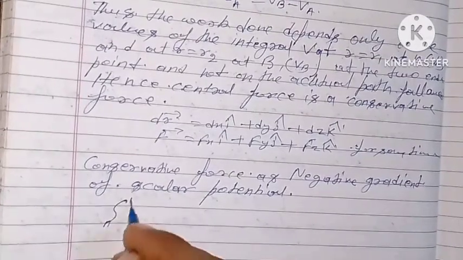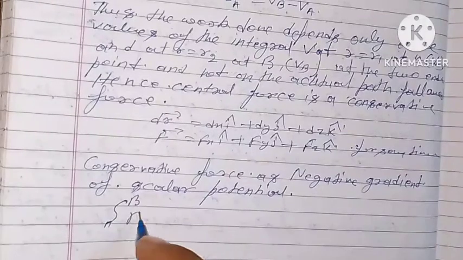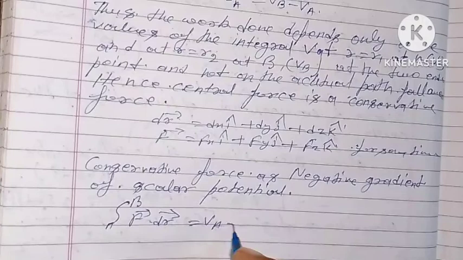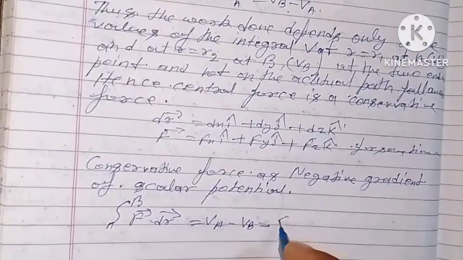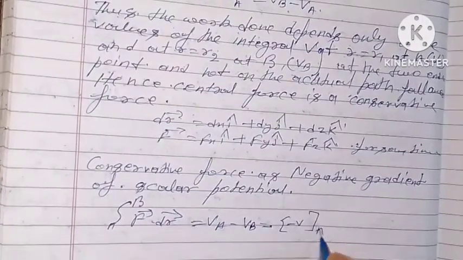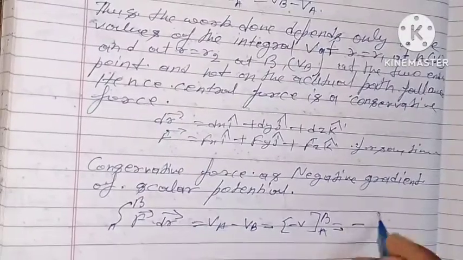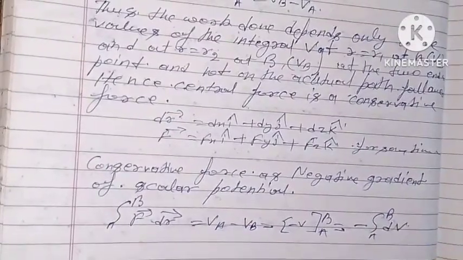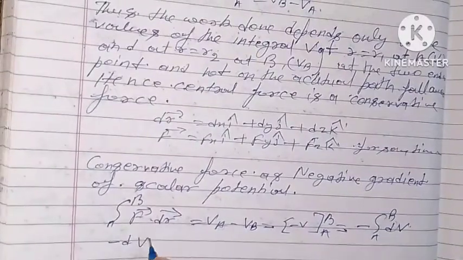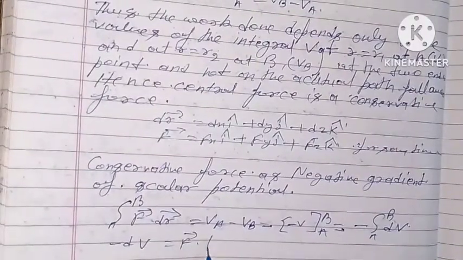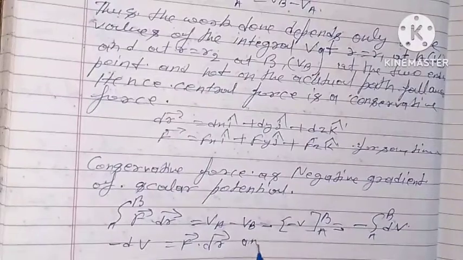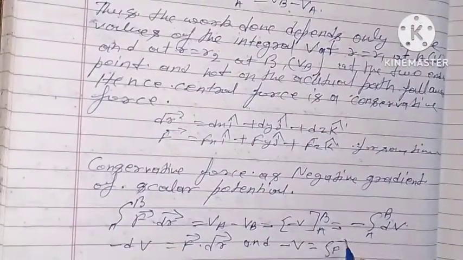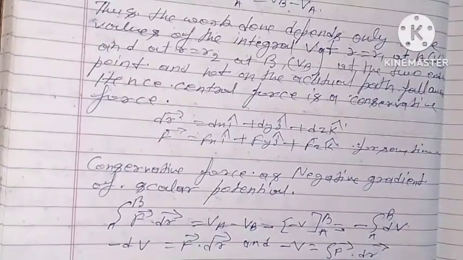Then the integration from A to B of vector F dot dr vector equal to VA minus VB, equal to minus V from A to B, equal to minus the integration from A to B of dV, and minus dV equal to vector F dot dr vector.